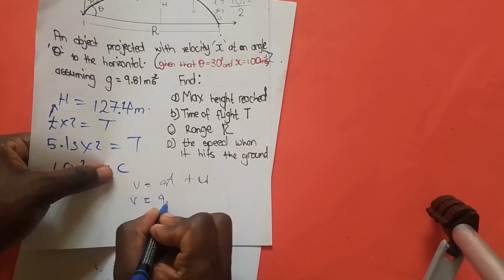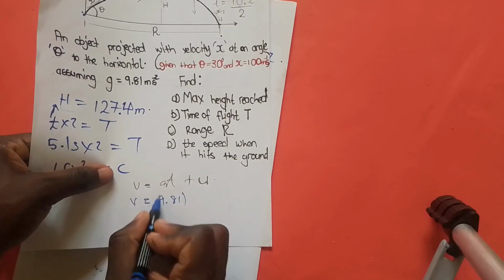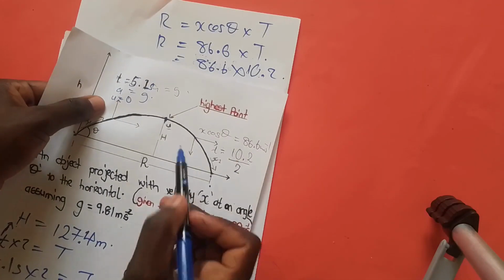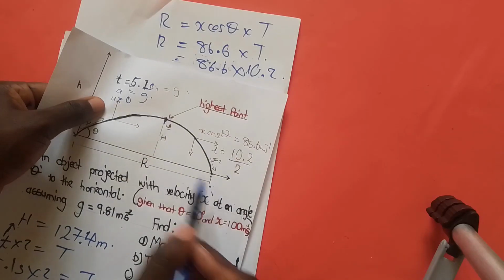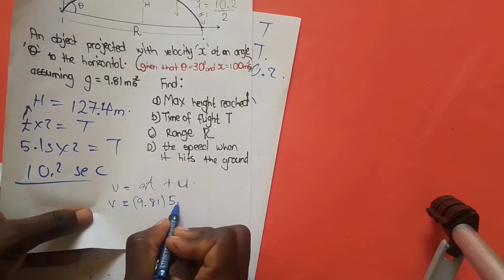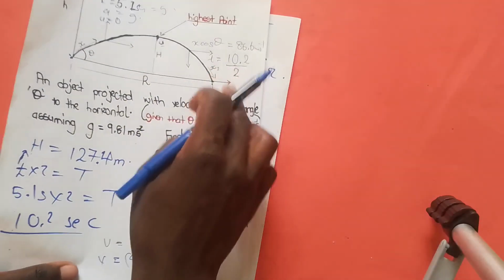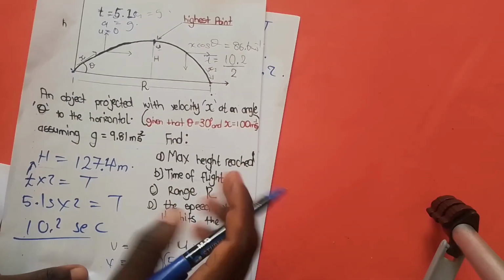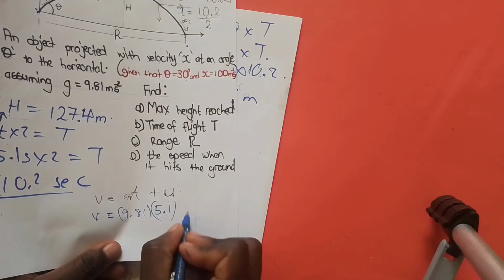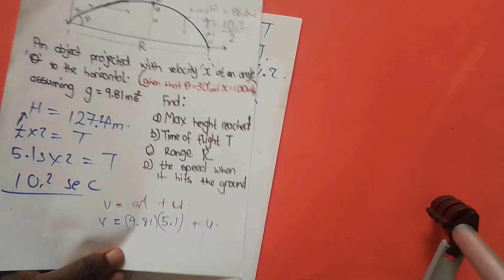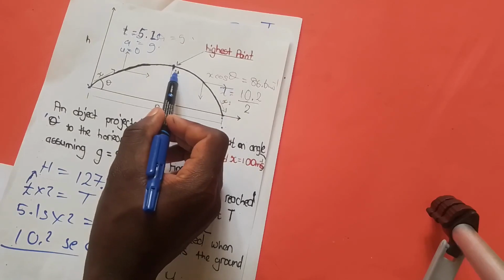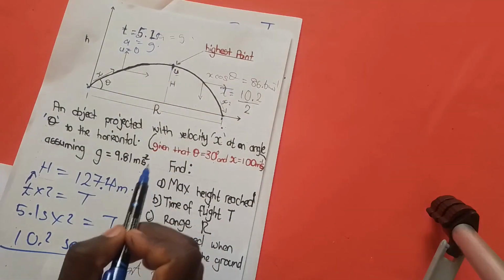So 9.81 meters per second squared times what? Times time. The time taken from the maximum height onto the ground, which is 5.1 seconds, the time of flight divided by 2. Then plus u, and I've told you that u will be 0 since the object will now be starting at 0 again, accelerating onto the ground vertically.